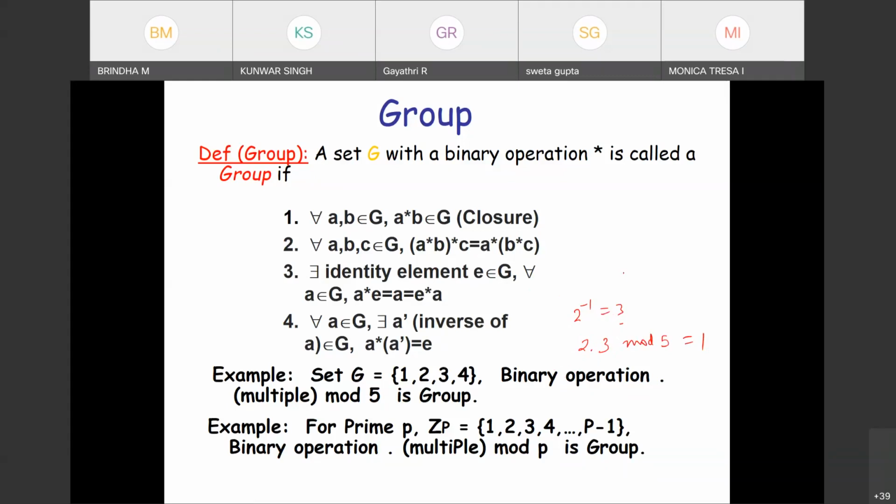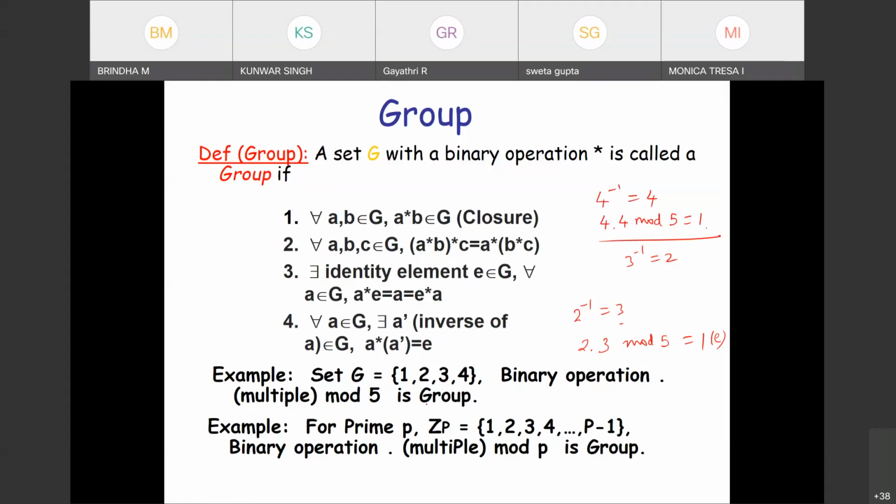Similarly, the inverse of 3 is 2, because 3 into 2 modulo 5 is the identity E. Similarly, the inverse of 4 is 4 itself, because 4 into 4 modulo 5 is equal to 1. So this is a group.